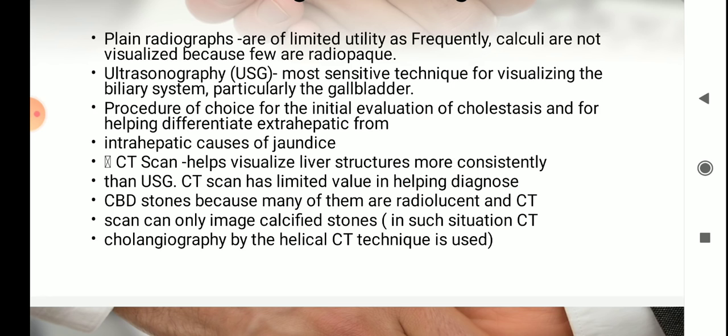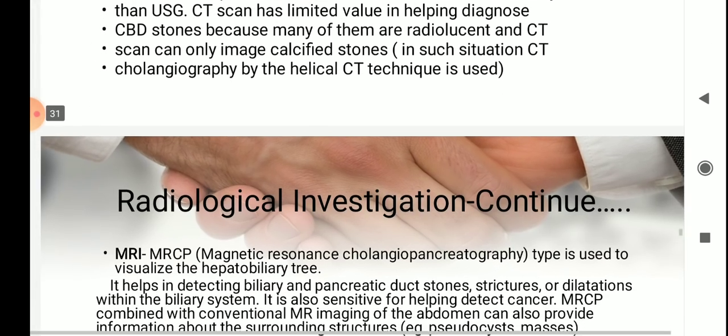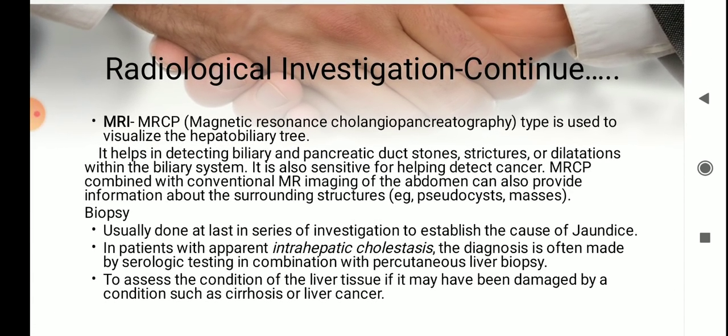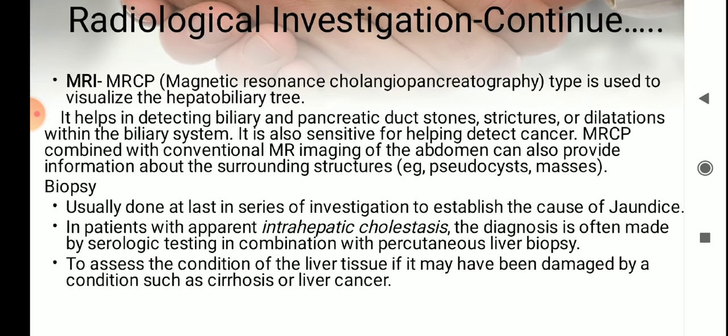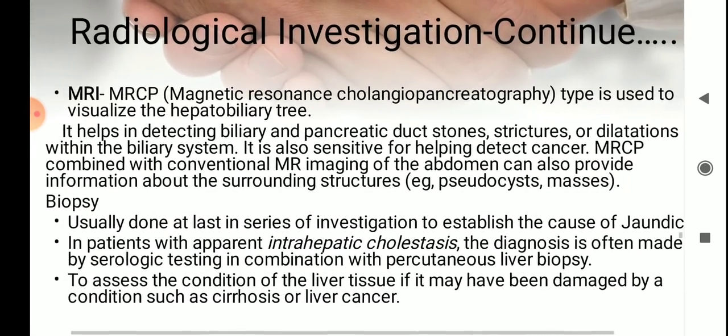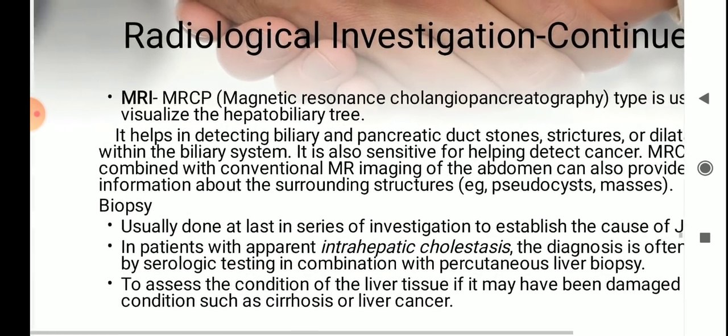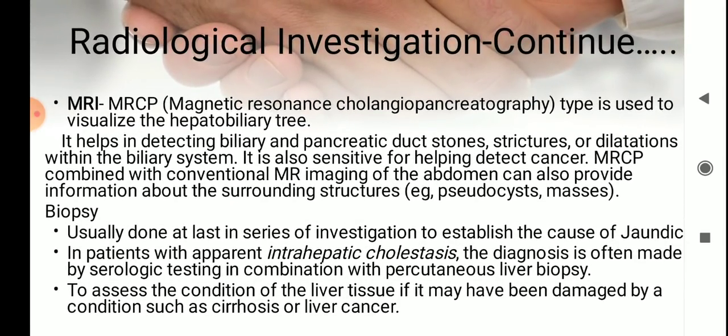Cholangiography by the helical CT technique is also used here. The MRI, MRCP, magnetic resonance cholangiopancreatography, an important test, is used to visualize the hepatobiliary tree if post-hepatic obstructive jaundice is suspected. It helps in detecting biliary and pancreatic duct stones, strictures or dilatations within the biliary system.